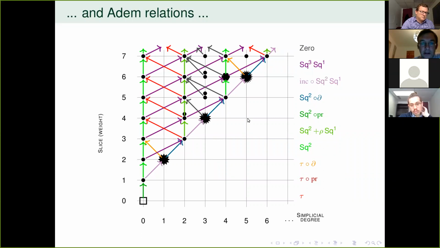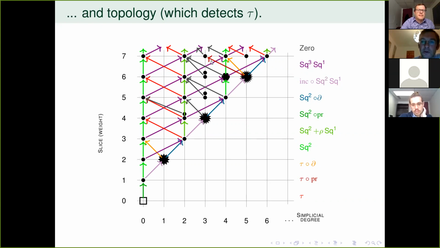And if we like, we can also compare with topology, which detects multiplications with tau. So the new non-zero map we get here is this one and this one. So these red arrows that you see here correspond to the arrows in Zahler's picture of the Adams-Novikov spectral sequence.